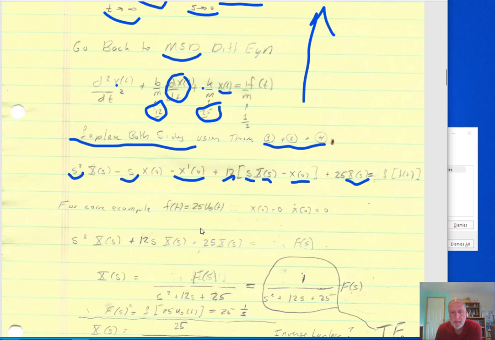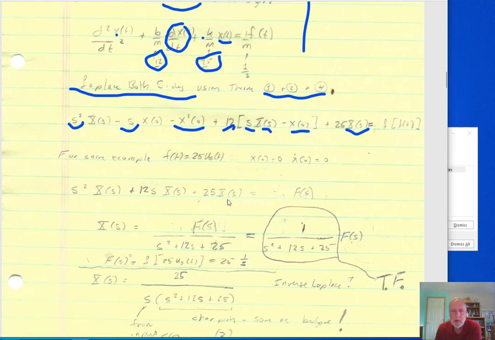For the same example we did before, we're going to say, okay, at time 0, the mass is sitting still at x equals 0, and at time 0, we're going to turn on a force of 25. Notice that we make that happen with this step function that turns on at 0. So it's initially sitting still at rest at 0, turn on a force of 25 at time t equals 0.